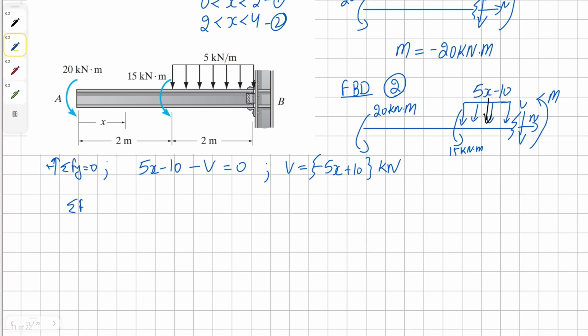Okay, now we can take a moment about the cut. We're going to have our unknown moment, and then we have our point load from the uniform load, and it's counterclockwise, so it's 5x minus 10 times (x take away 2) divided by 2, which is simply x divided by 2 take away 1, and then our counterclockwise moments 15 and 20, all equal to 0.